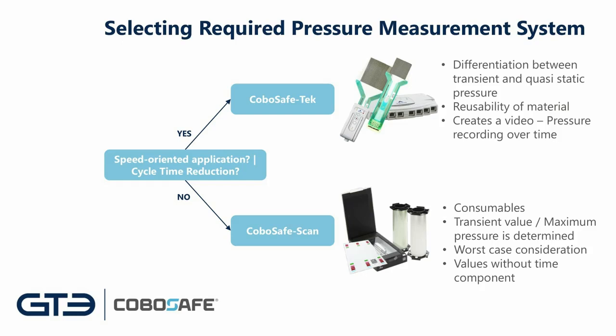If you want to optimize your application, then I would say the more sophisticated system, CoboSafe Tech, is recommended. With that one, you can distinguish between transient and quasi-static pressures. For this purpose, the pressure is recorded over the measurement period in the form of a video.